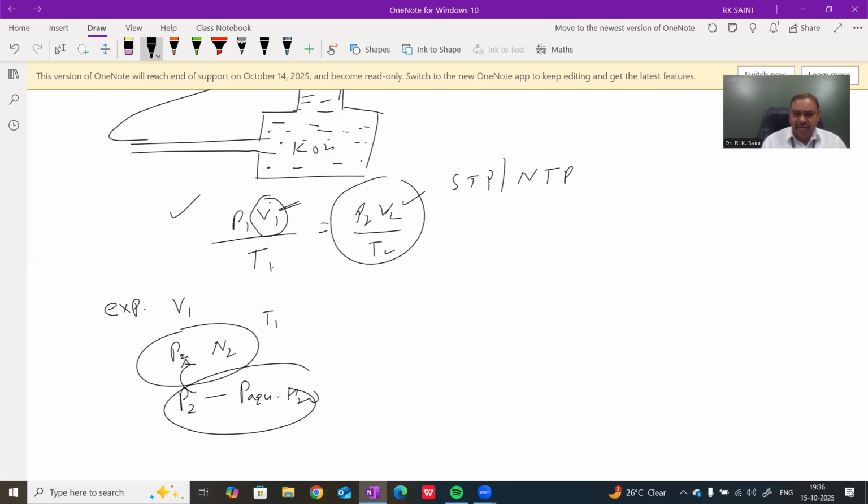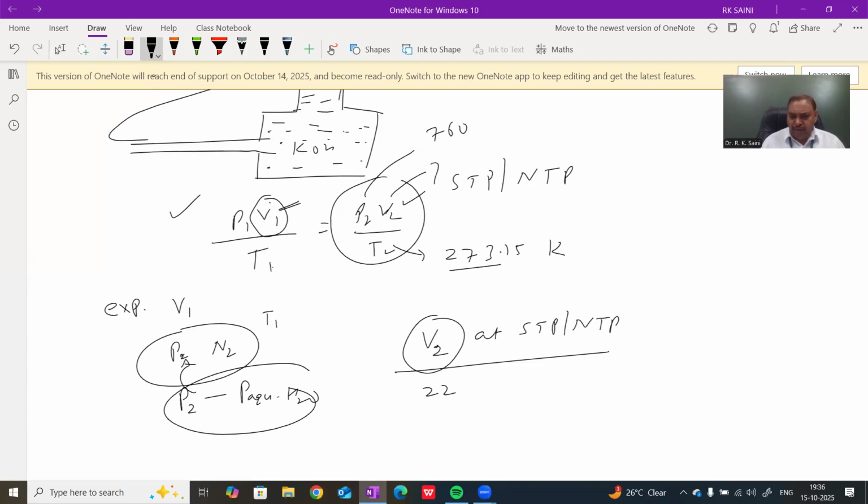Then convert to STP: pressure is 760 mmHg and temperature is 273 Kelvin. We find the volume of N2 gas at STP or NTP. This volume in mL is divided by 22400, then we get the moles.